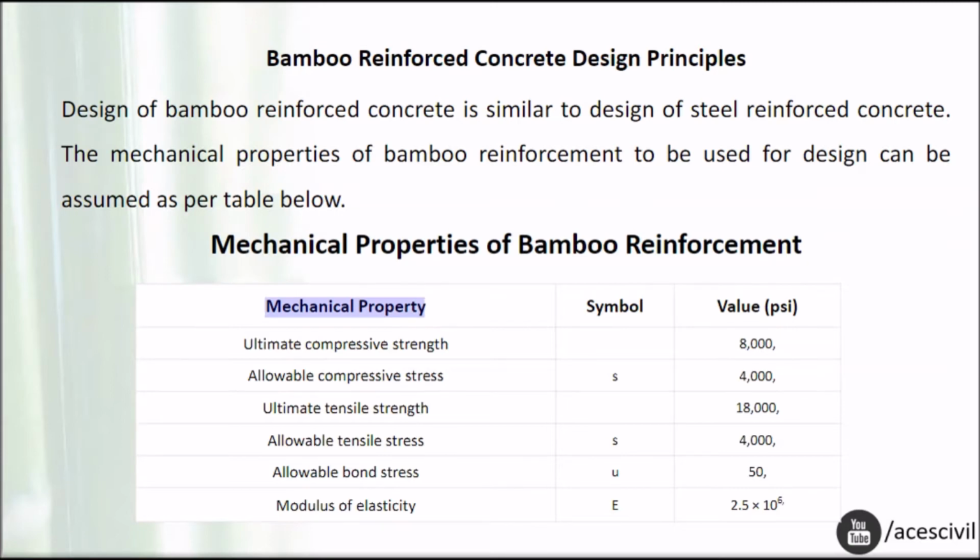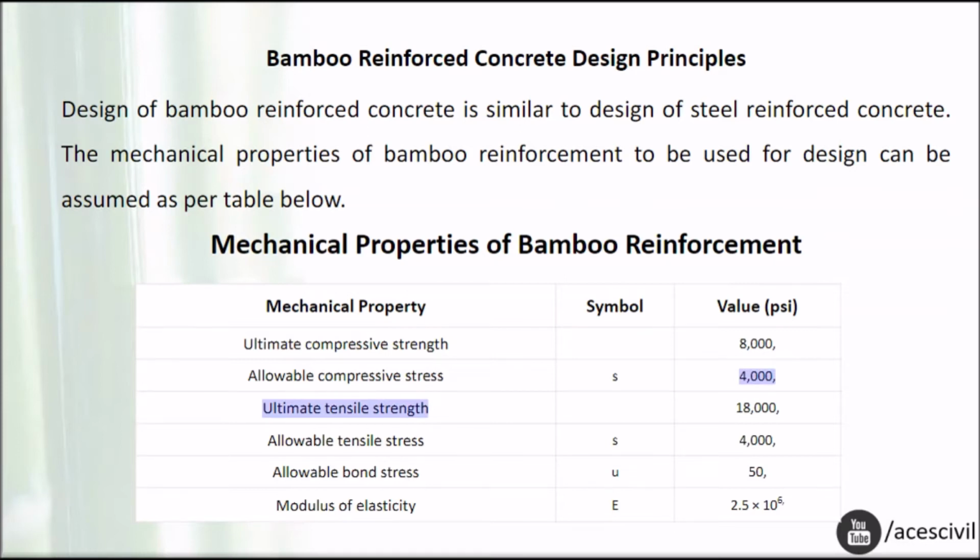Mechanical property, symbol, value in psi. Ultimate compressive strength: 8,000. Allowable compressive stress, S: 4,000.